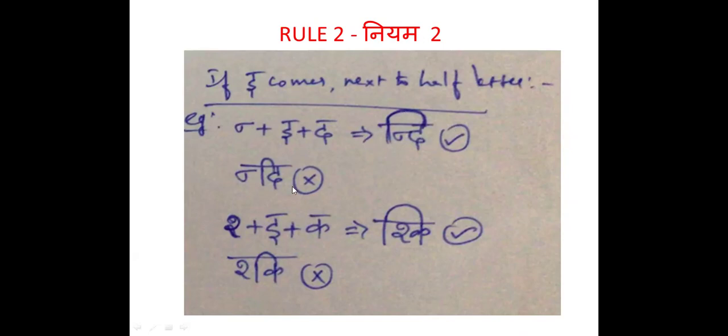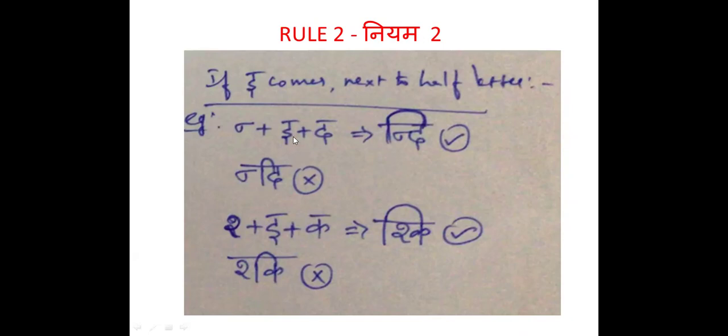If E comes next to a half letter, this is ish. If E comes next to this ish, you have to write this E like this, cut short, in shortcut format. You have to put this on the ish in the middle. This is the wrong format. This is the correct format.